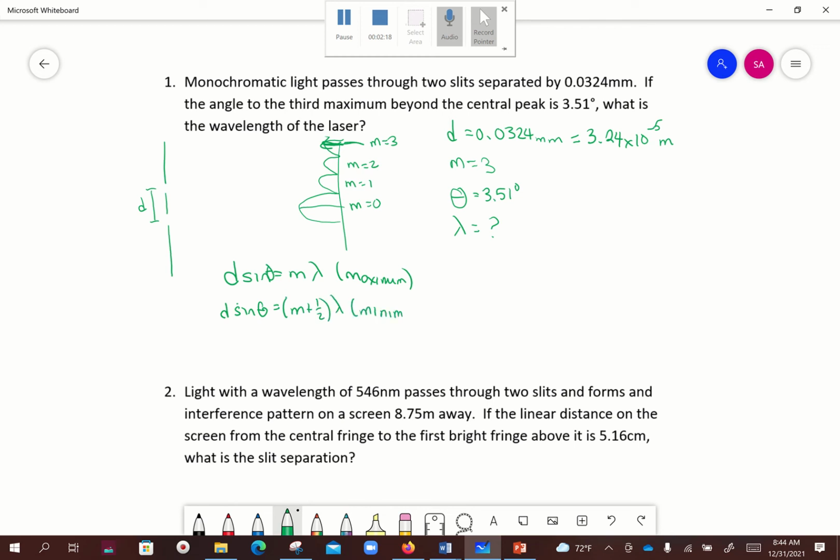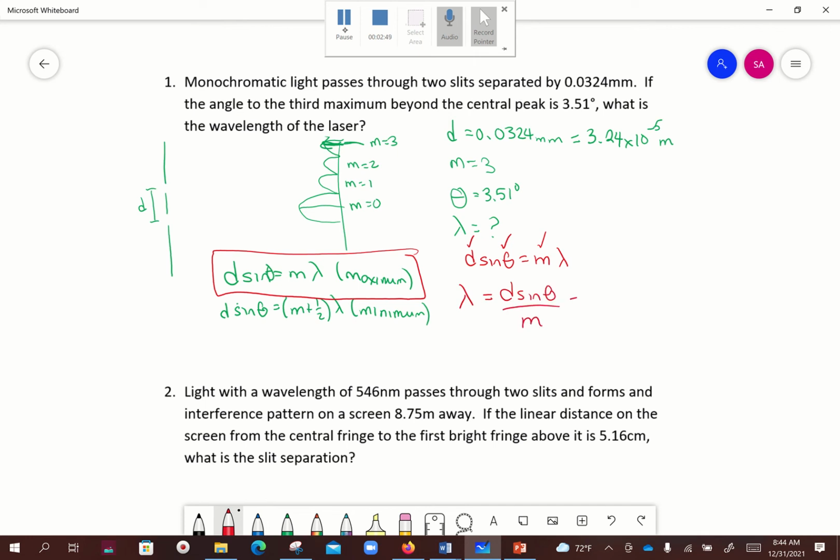Since in this case we're talking about a peak, a maximum, constructive interference, we're going to use the first equation: d sine theta equals m lambda. We know d, theta, and m, so we divide both sides by m to solve for lambda. So lambda is equal to d sine theta over m, and just plug and chug.